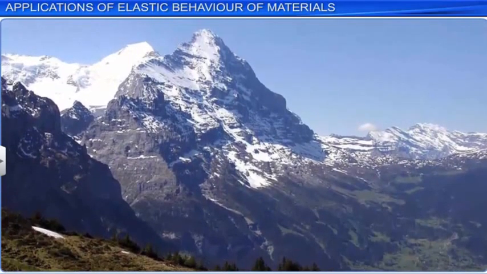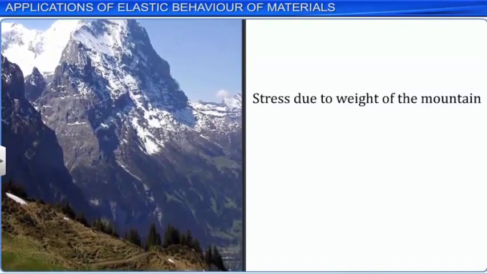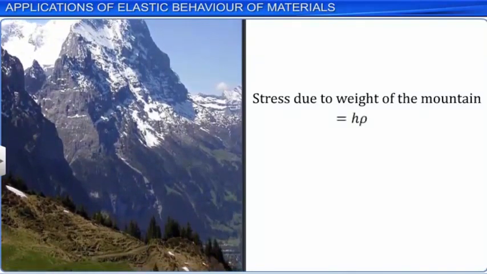The stress due to the weight of the mountain at its base will be equal to hρg, where ρ is the density of the mountain rock and g is acceleration due to gravity. The stress due to the mountain's weight can be equated with the yield stress, the stress at the elastic limit.